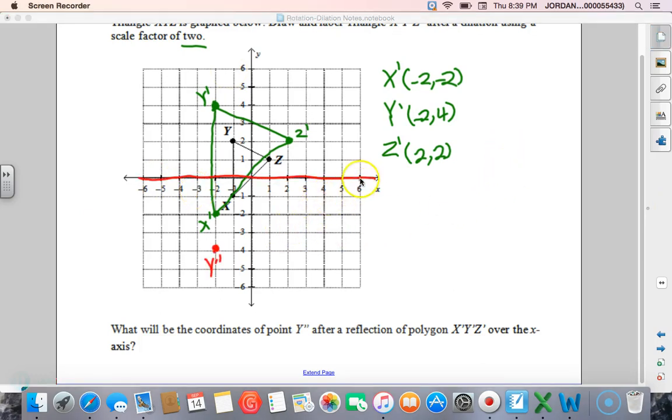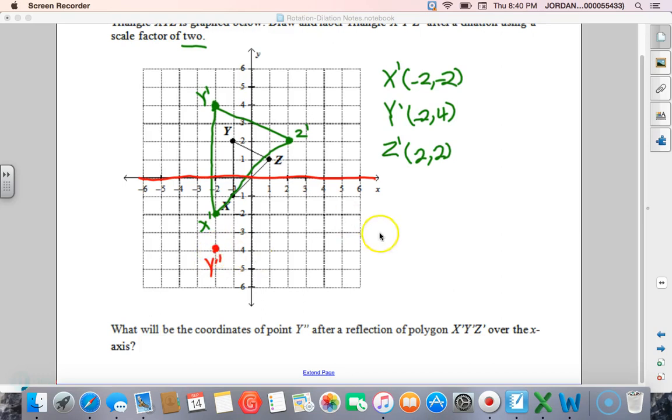Right here we drew our reflection line because it says reflected over the x-axis. So here's our x-axis. All we need to do is count how many spaces Y prime is from the x-axis and then reflect it that many spaces on the other side of the x-axis. So Y prime is 1, 2, 3, 4 spaces above the x-axis. We're going to reflect it 1, 2, 3, 4 spaces below the x-axis to get Y double prime.